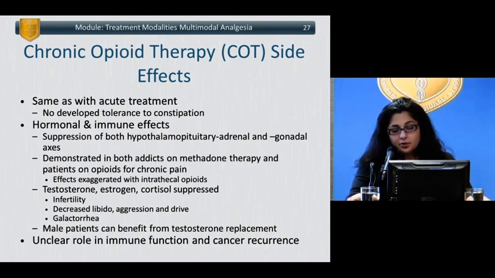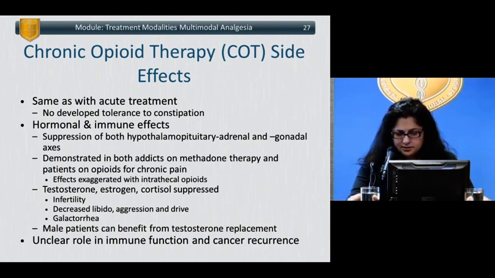There are hormonal and immune effects of chronic opioid therapy that need to be discussed with patients. As we mentioned earlier, the hypothalamo-pituitary gonadal axis can result in lower testosterone levels in patients, which can be problematic. Lower estrogen levels as well.